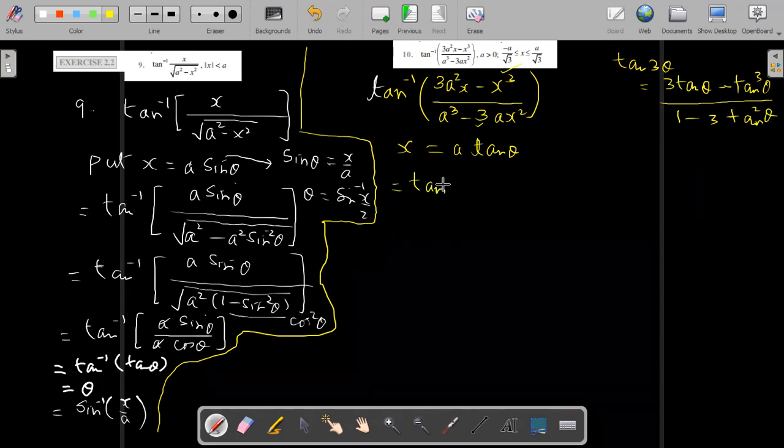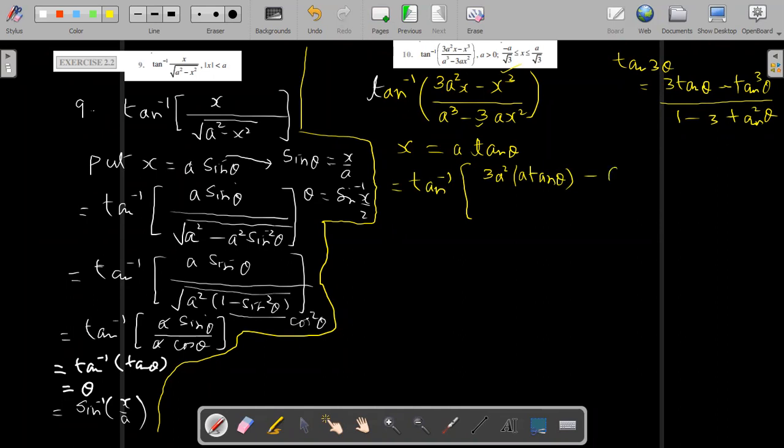So tan inverse 3a square into x. x is a tan theta. Minus x cube. x cube means a cube tan cube theta.